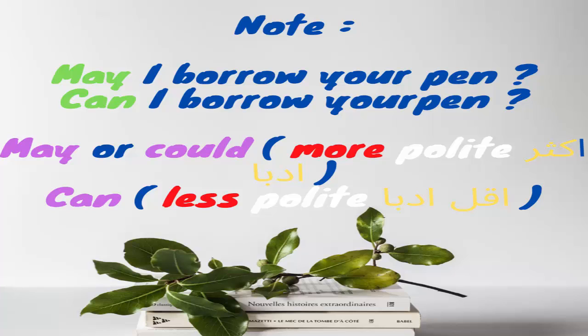When we use may or could, we look more polite. But when we say can, it's less polite. Have you got the point? So may, can, could, we can use them all to express permission. However, the word can is less polite, أقل أدبا.